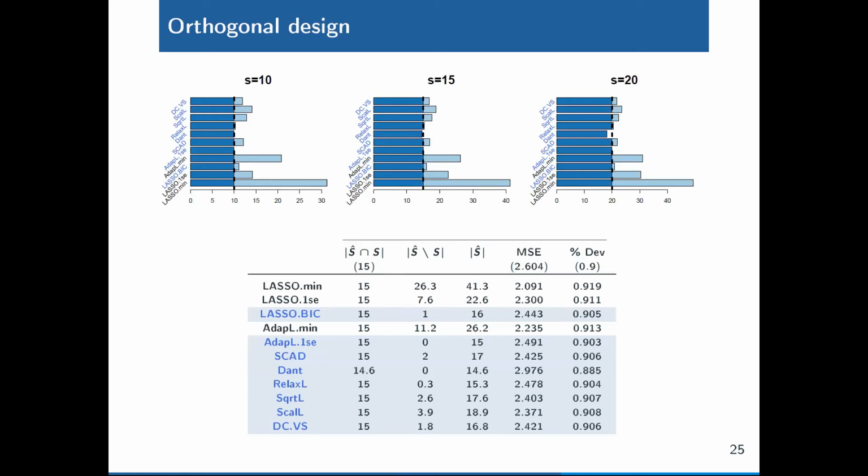And we can appreciate that all of them are able to recover the complete set S. Maybe not the Dantzig selector for s equal to 20, but the remaining ones, yes. And all of them recover the set S and avoid unnecessary noise. Maybe we have to exclude the adaptive Lasso, making use of the lambda min, the lambda which minimizes the mean square error.